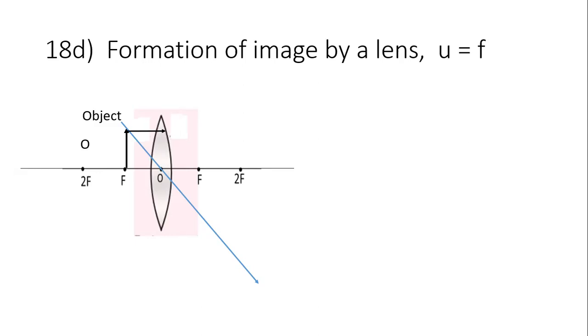Okay. Parallel to the axis. After that, after refraction it will go through the principal focus. So these two are supposed to be parallel. So the image is at infinity.